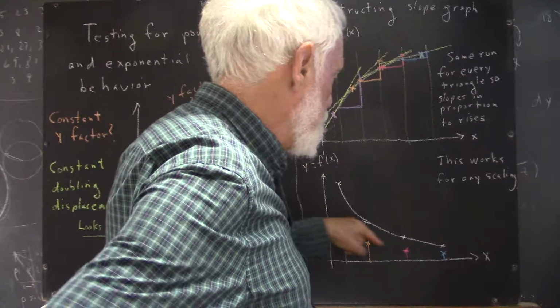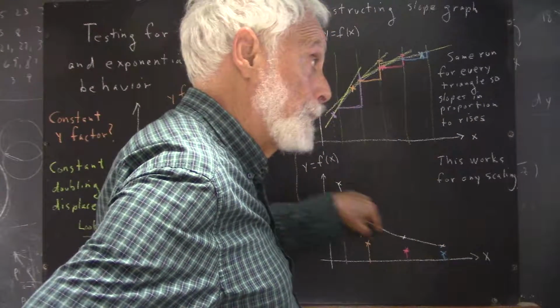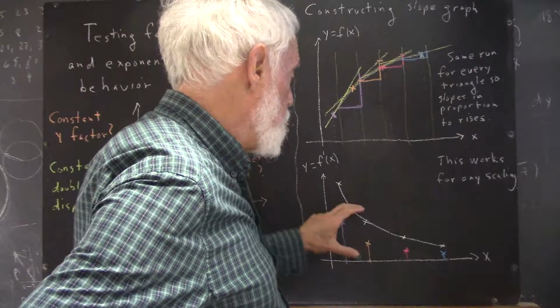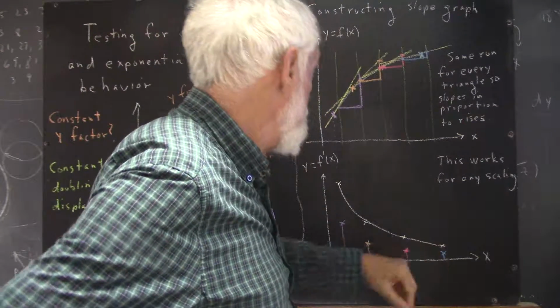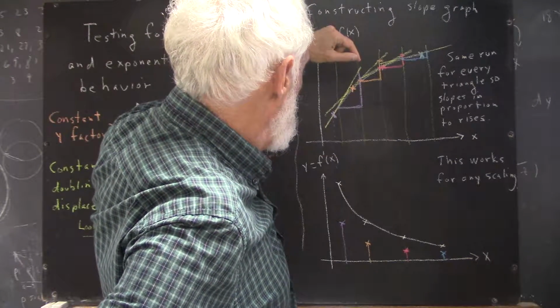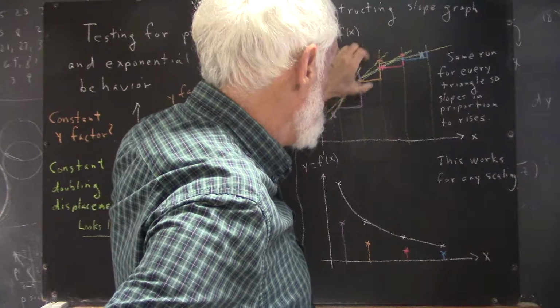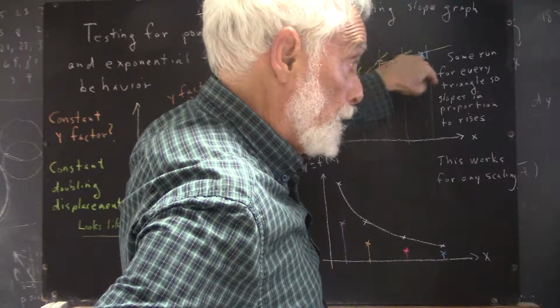First of all, that a graph through these points can be scaled to give you exactly the same information a graph through these points could, because the relative values of the y-coordinates are the same on both graphs, and those relative values are the same as the relative values of the rises of these triangles, because they all use the same run.